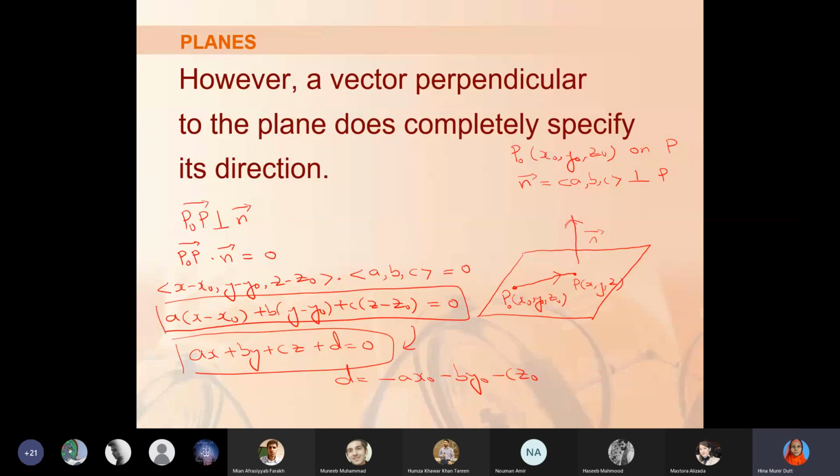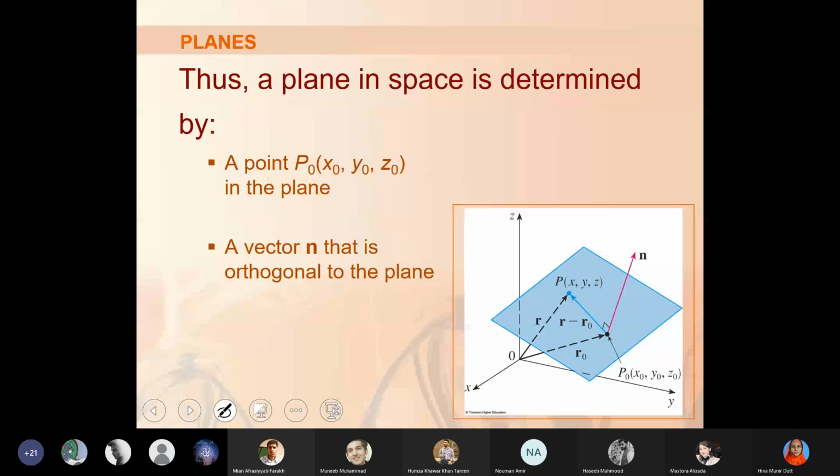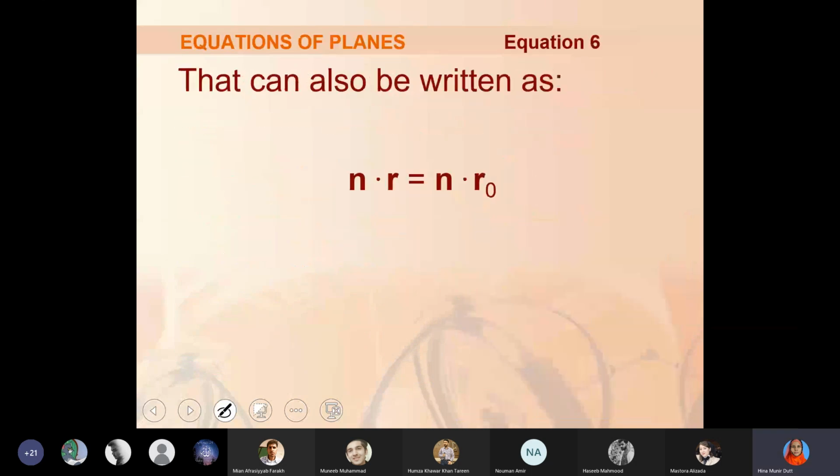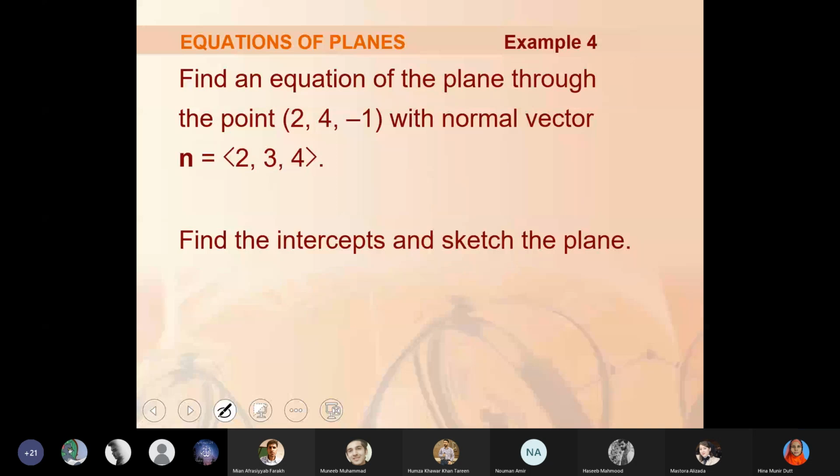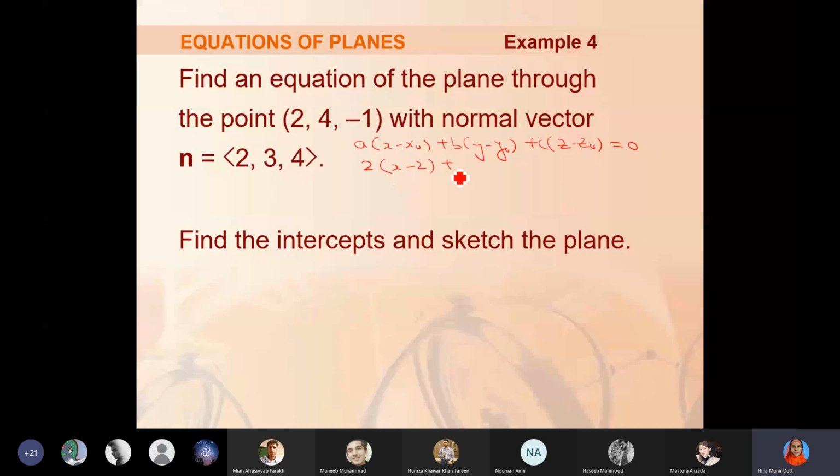So how to determine the equation of the plane? I have done all this. So example 4. Find an equation of the plane through the point (2, 4, minus 1) with the given normal vector. Now the equation of the plane is A(x minus x naught) plus B(y minus y naught) plus C(z minus z naught) equal to 0. Substitute. This is my n: 2(x minus 2) plus 3(y minus 4) plus 4(z plus 1) is equal to 0.